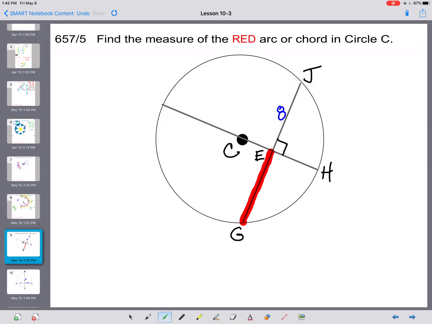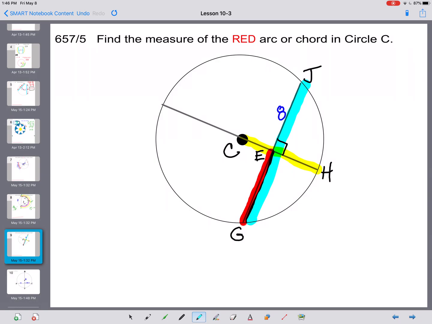This right here. It's not really a chord. It's part of a chord. Well, here's the idea. This right here is the radius, and it's perpendicular to that whole chord. Well, what do we say in the notes?